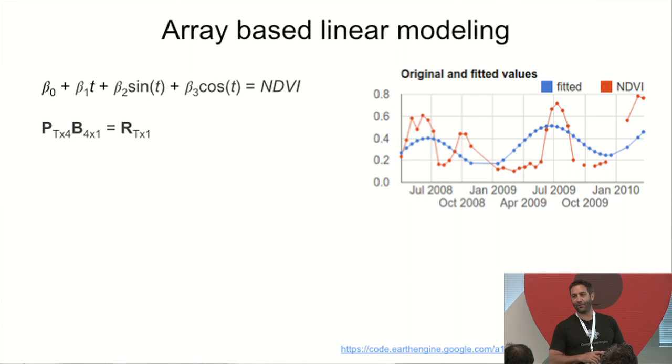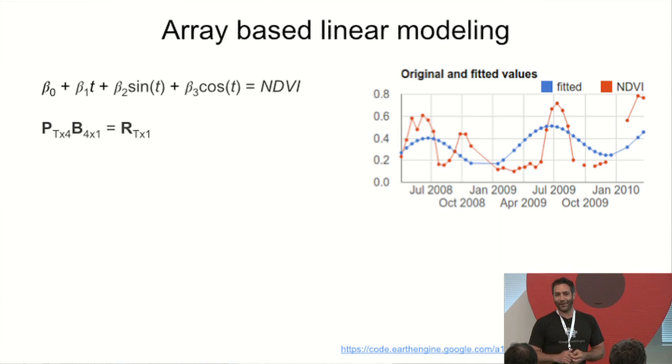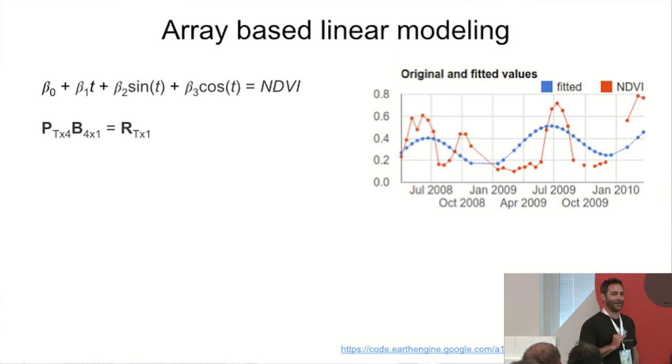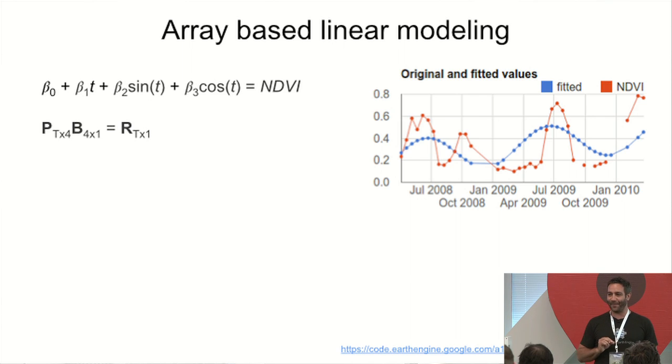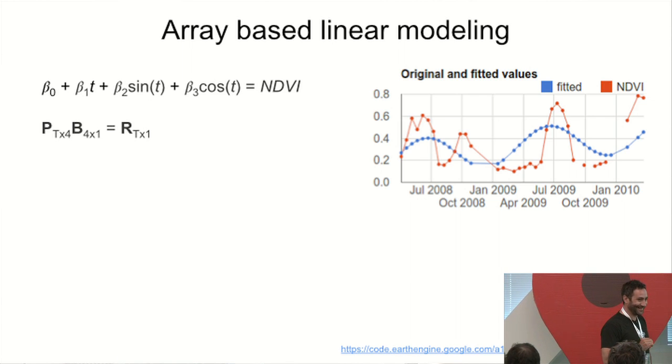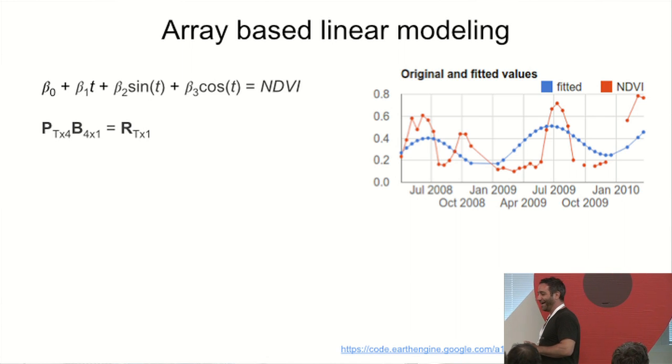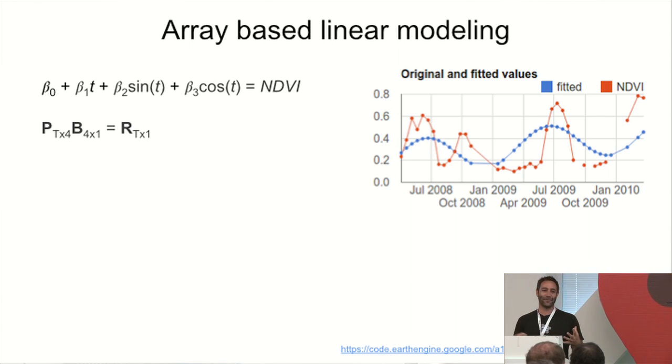If you recall your trigonometric identities, which I don't, you will know that you can combine these into a single harmonic term with phase and amplitude. The phase and amplitude are recoverable from those coefficients beta 2 and beta 3. Sorry, the 2 should be 3. Anyway, you can recover that stuff from these coefficients.